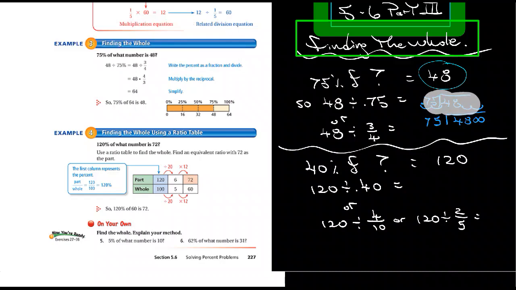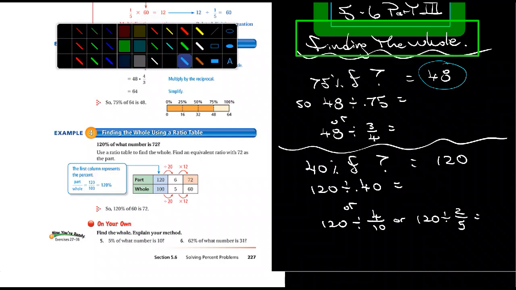This is something that you guys went over about 6 weeks ago when we did a lot of division. The other option is dividing it by a fraction, and this was even longer ago, but let's do that. 48 divided by 3/4. Do you remember keep, change, flip?